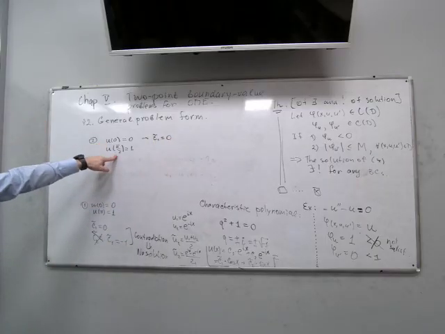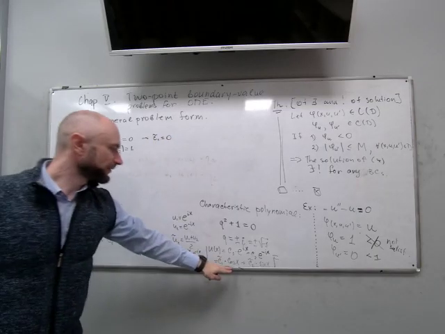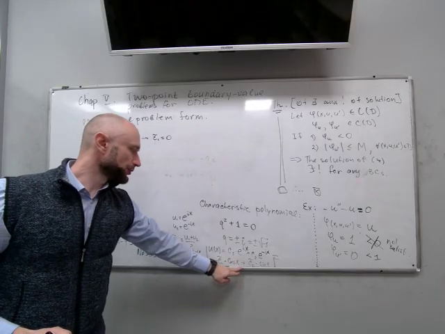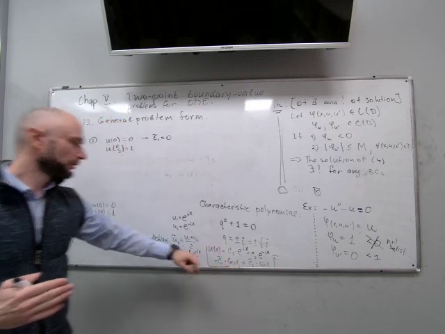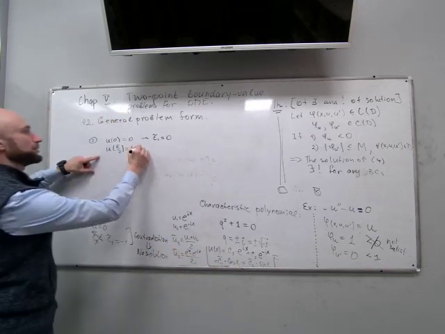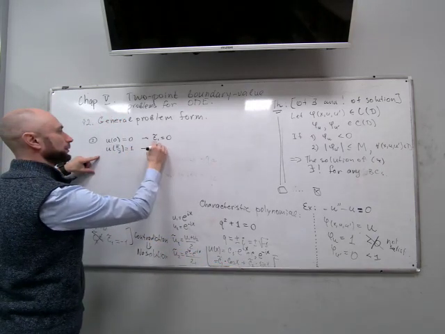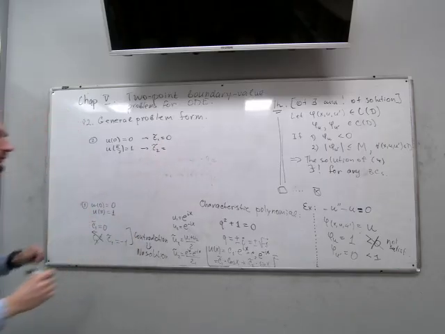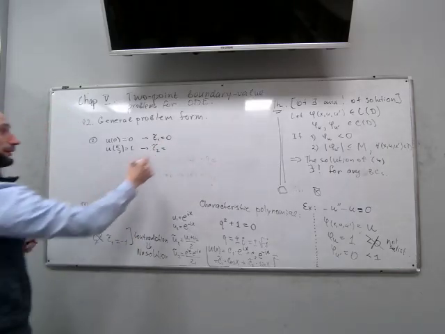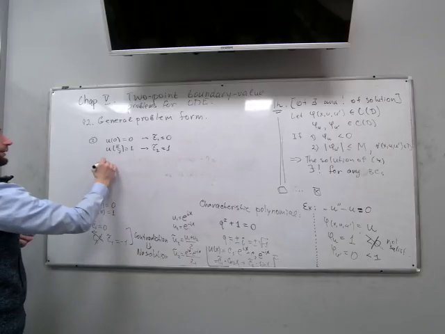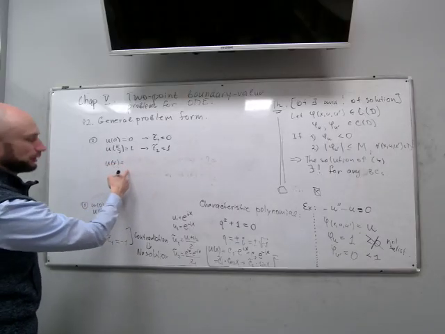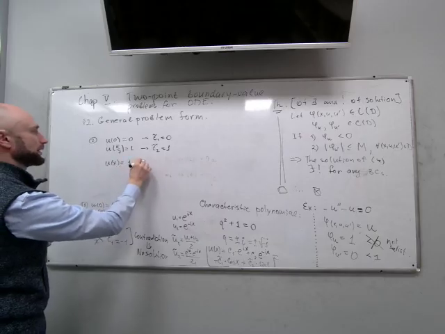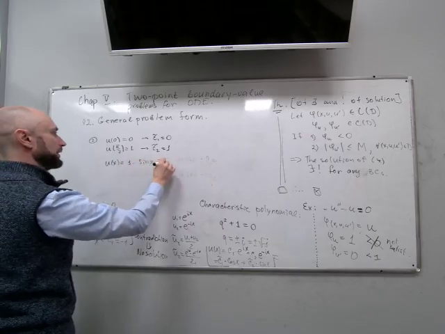What does the other give us? If x is equal to pi by 2, C2 is equal to 1. And in this case, the solution will be 1 multiplied by sine, so mainly sine.